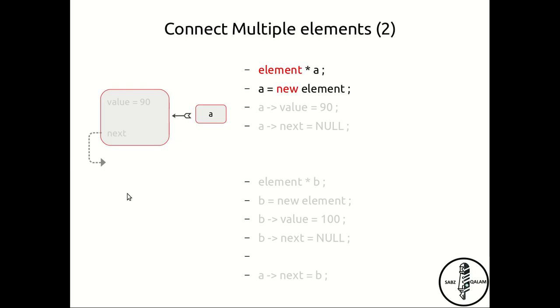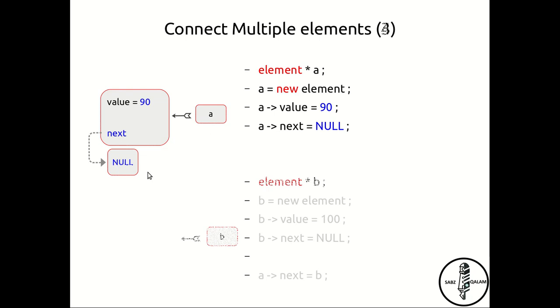Once that is allocated and fixed, A now stores the address and hence points to this location of the memory where a single element is present. Now, then you can just initialize. So the value that A points to has been initialized to 90. We see that here. And next that A points to has been initialized to null. So we see the pointer next now points to null.